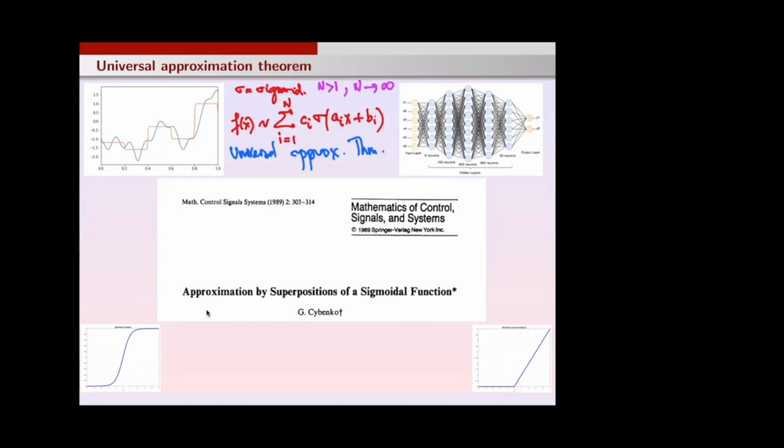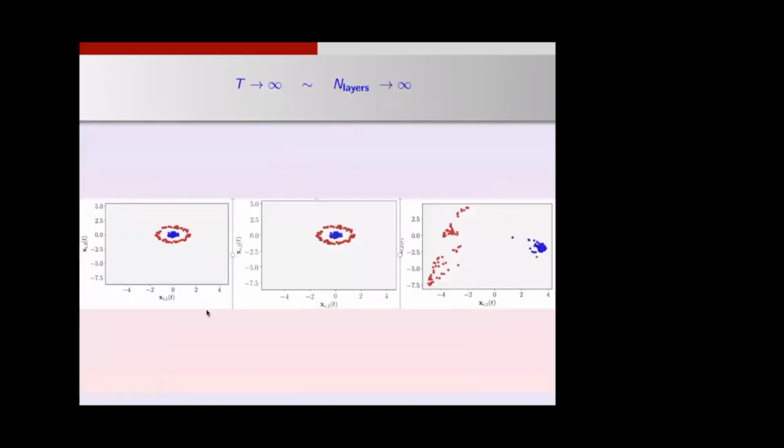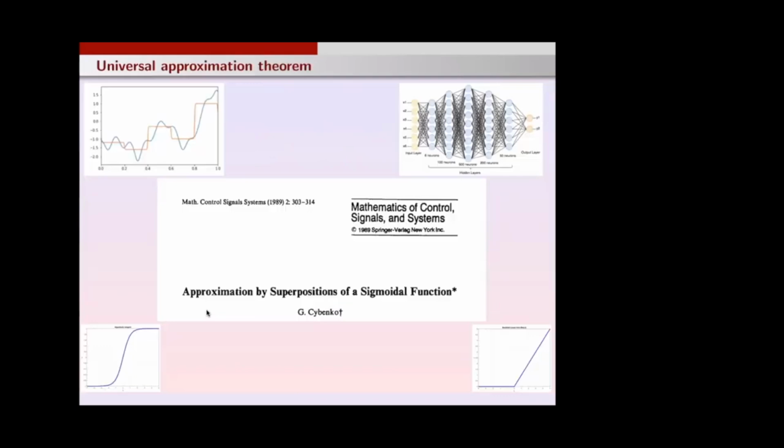Now we have 3 coefficients. What I'm doing with the b? Well, the b is simply a translation. Whenever you add b to the argument x of a function sigma, what you are doing is to shift the center of gravity of this function.